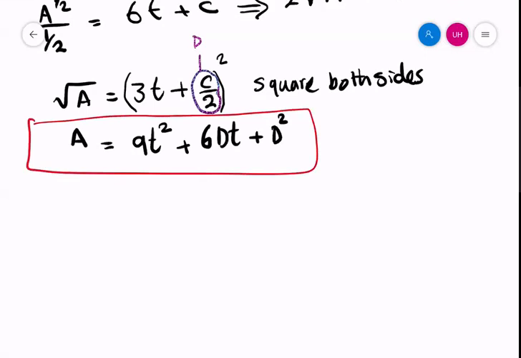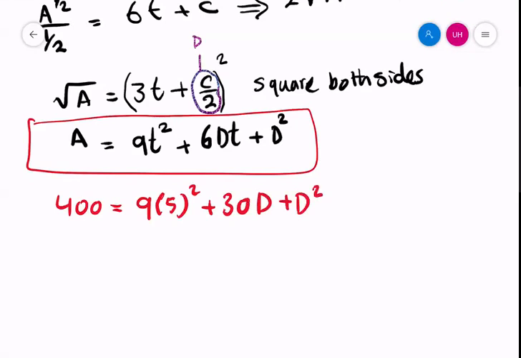And now we substitute the values of t and A, which is 5 and 400. So A is 400, so this is 400 equals 9 times t squared, which is 5 squared, plus 6d times t, which is 5, so 30d, plus d squared.